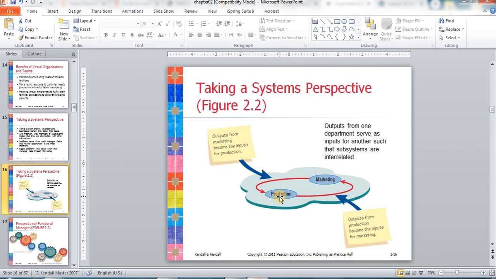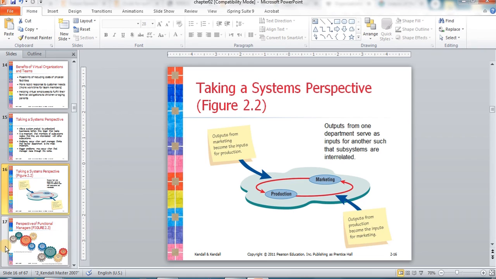If you produce any item, any product, and you don't improve it, you keep it the same all the time, then it will not last for a long time before it fails. That's why both of these departments depend on each other. The production depends on the marketing in order for the product to continue, and the marketing depends on the production in order to have products.